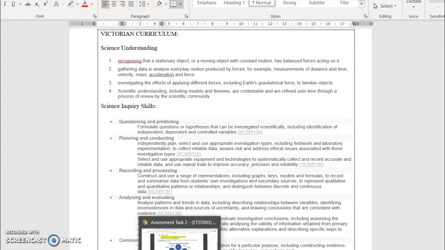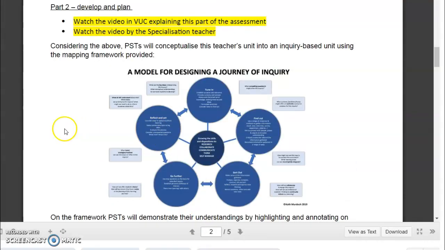So to develop this inquiry unit plan, you need to start thinking about that overall how question, right? This how question should be the important question worth answering.